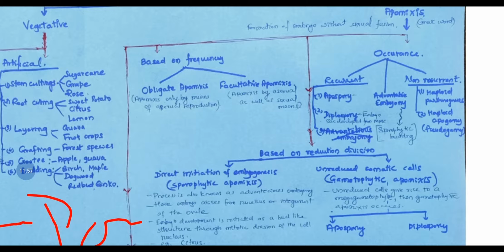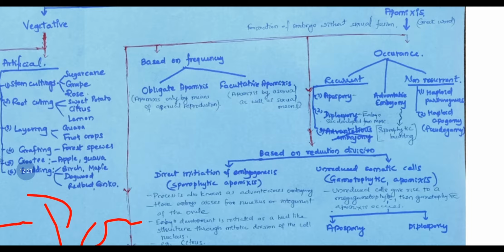Then adventitious embryony, which is also called sporophytic budding. Then non-recurrent apomixis, which is further divided into haploid parthenogenesis and haploid apogamy. Haploid apogamy is also called pseudogamy. What apogamy, apospory and all are, we shall discuss later.